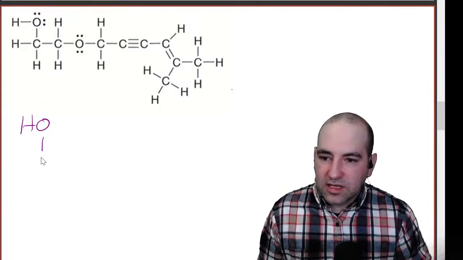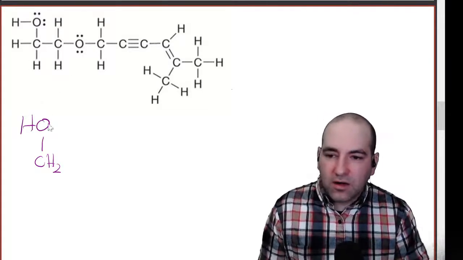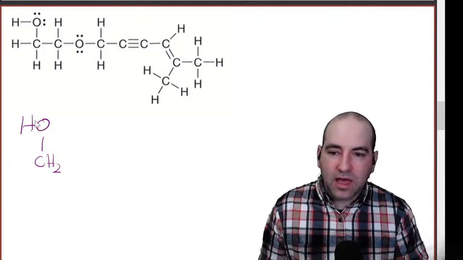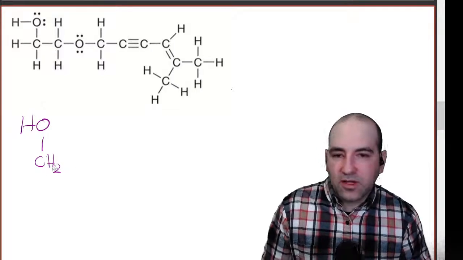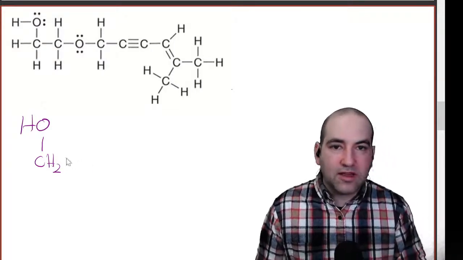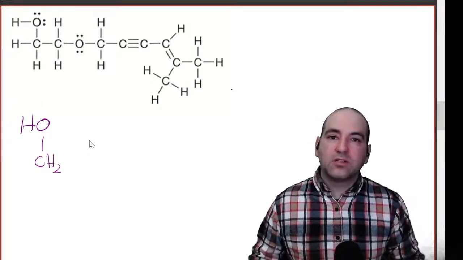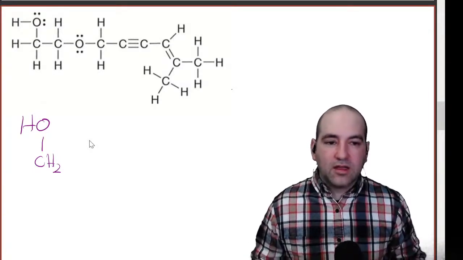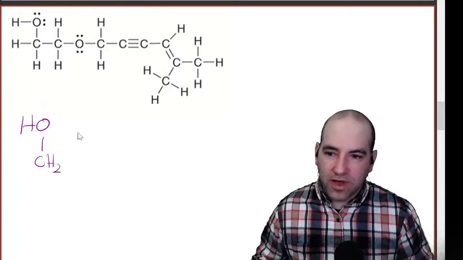Down here, I've got CH2. Also should note, it doesn't really matter whether you put the H on one side or the other of an atom. Sometimes people like to, for this one, make it H2C, so it's very clear that the carbons are connecting to each other and not the hydrogens. But as long as we know that hydrogens always have to be on the outside, it's okay to draw it that way, as long as we're communicating to other people who also know that.